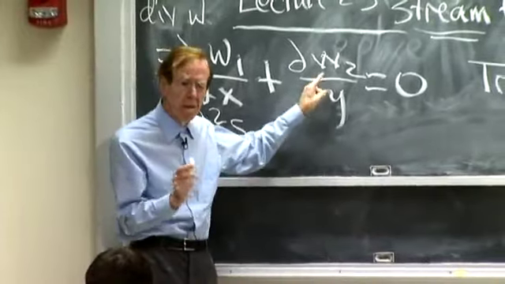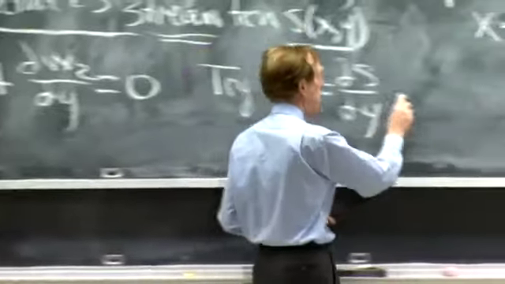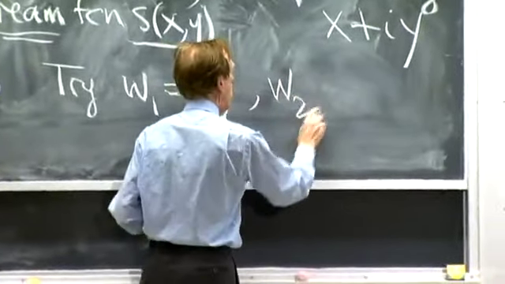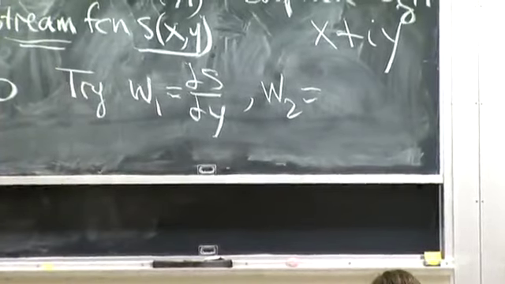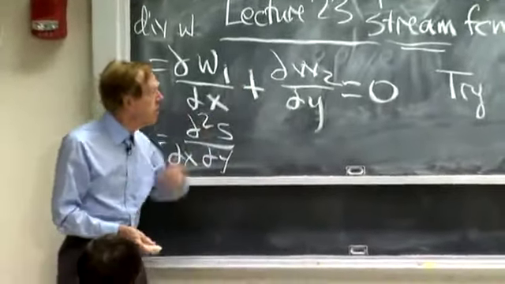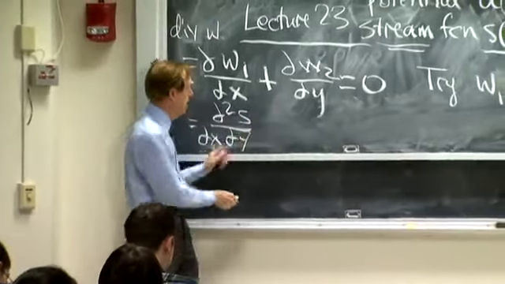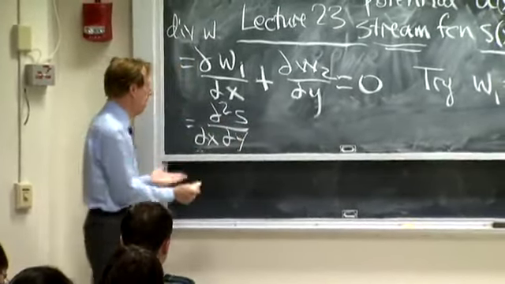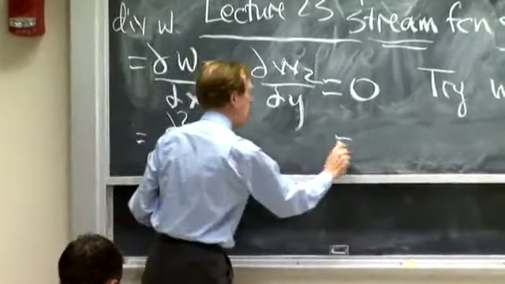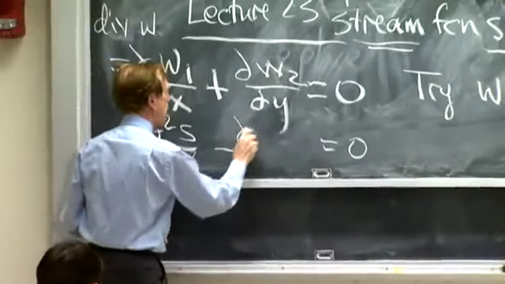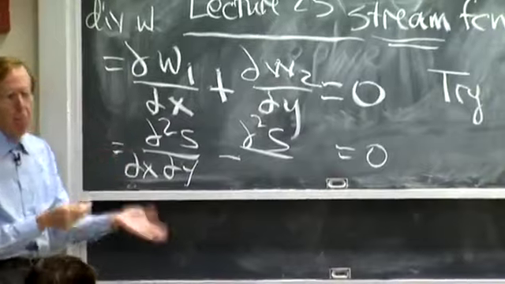So what would be the smart choice for w2? I've said what w1 is, so what's the w2 that goes with it? Well, it's whatever it takes to cancel this. In other words, I want to get 0, so this should be the second derivative of s, dy dx.